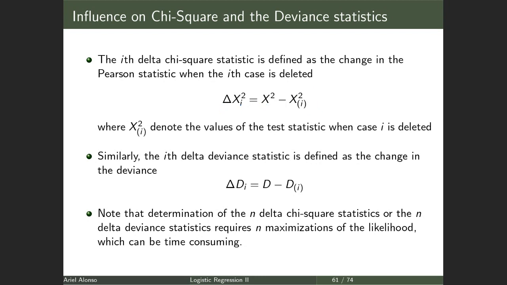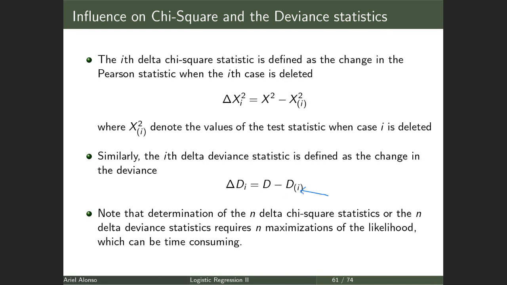And for the deviance test, it is the same. The delta deviance is just the difference between the general deviance you're getting here with the deviance you will get if you omit the i observation. And if this delta D_i is very large, then this i observation is having a huge impact on your deviance test.